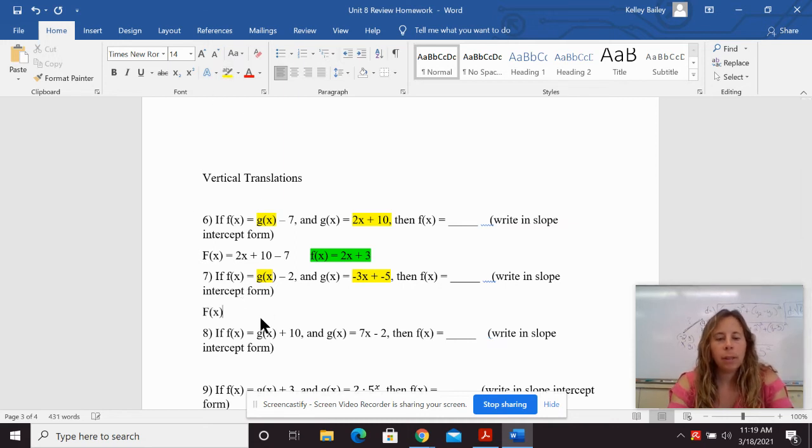So f of x equals negative 3x plus 5, and then don't forget to rewrite your minus 2. Then you just simplify. The slope stays the same, so you still have negative 3x, and then 5 minus 2 is 3. Plus 3.